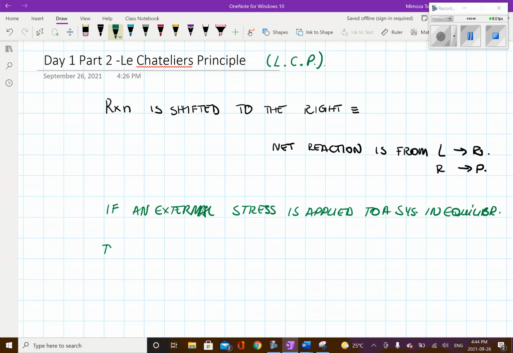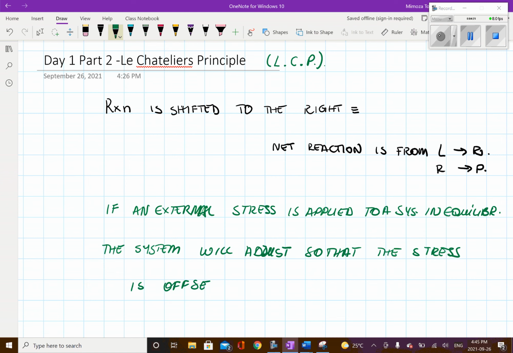the system will adjust in such a way that the stress is reversed, cancelled, offset, and the system reaches a new equilibrium position.